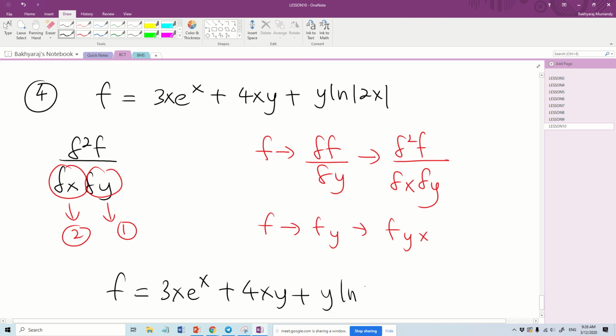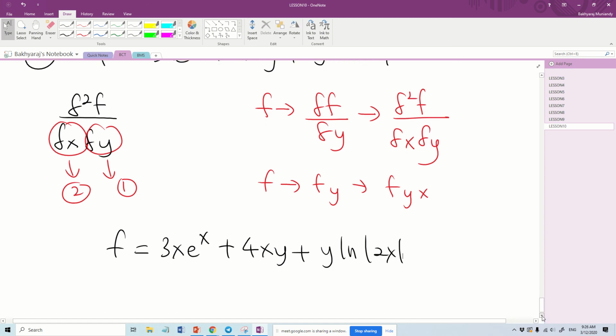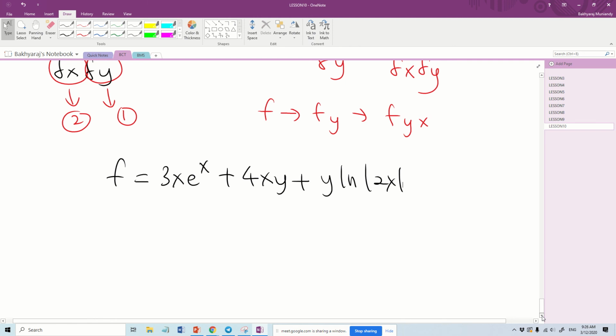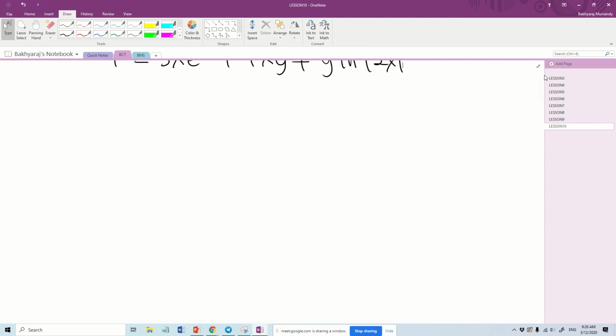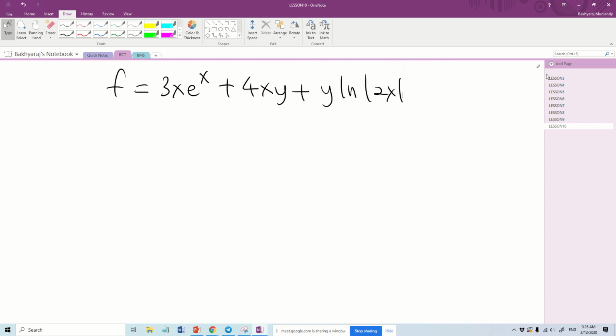Okay, now I give you the answer. Let me check the answer. First I need to get delta y, differentiate function f with respect to y. Remember this one is x and x, but we are differentiating with respect to y.